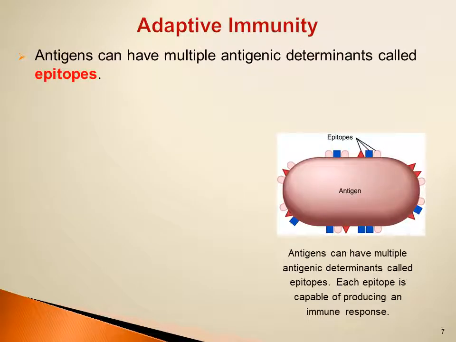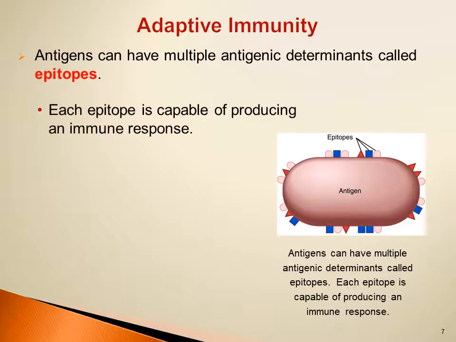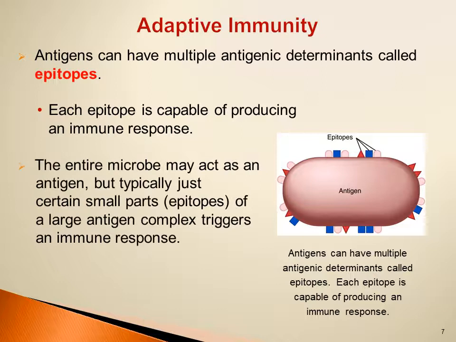Antigens can have multiple antigenic determinants called epitopes. For example, here this is an antigen that has multiple epitopes. Each epitope on its own is capable of producing an immune response, and an entire microbe may act as an antigen, but typically just certain small parts or epitopes of the large antigen complex trigger an immune response.